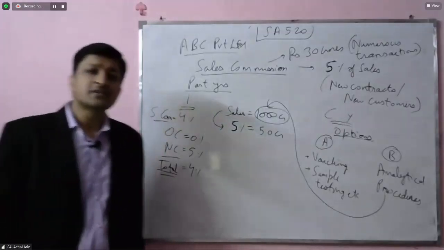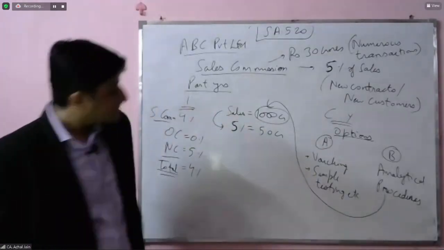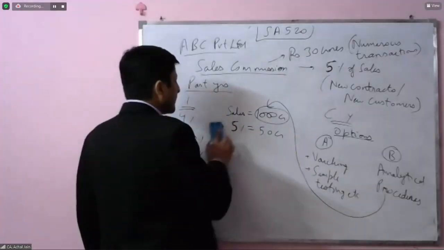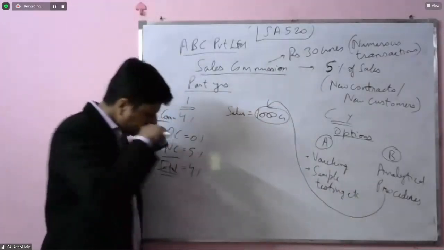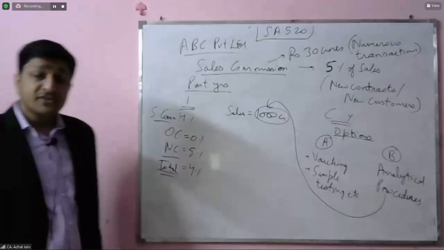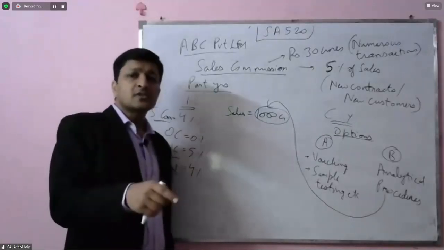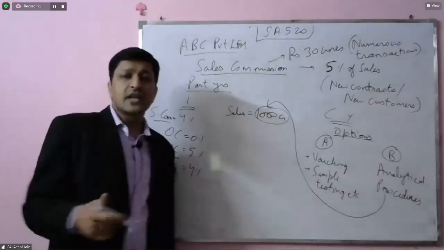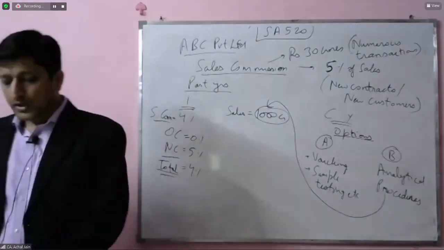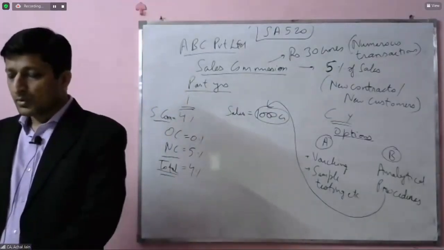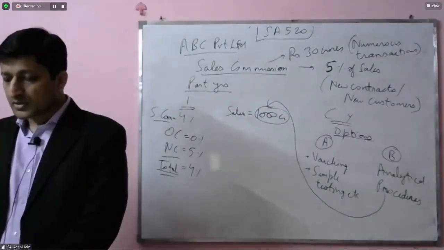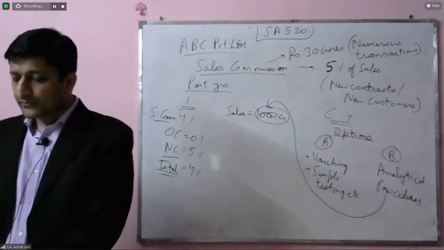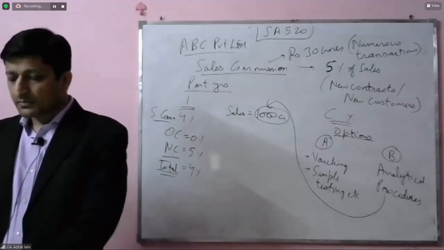Now he will request the management to break the sales into 2 parts: the one which is arising due to new customers and the one which is arising due to old customers. Okay. So let's suppose he gets the information something like this.